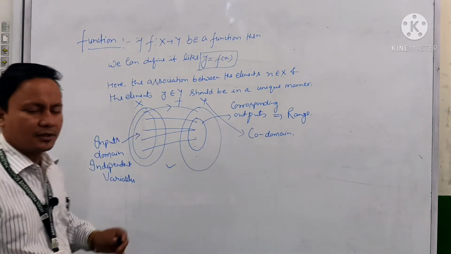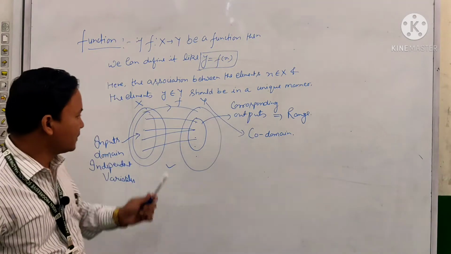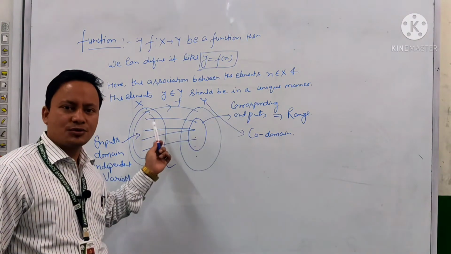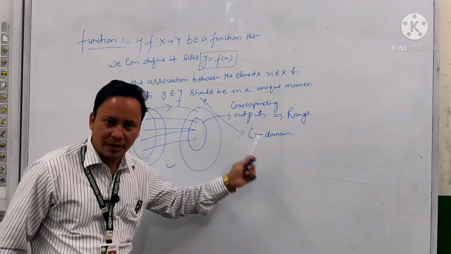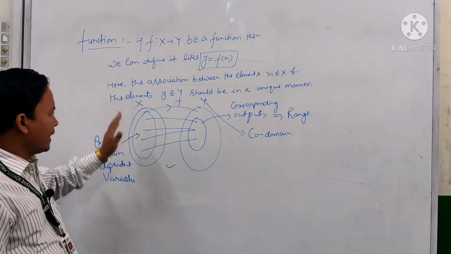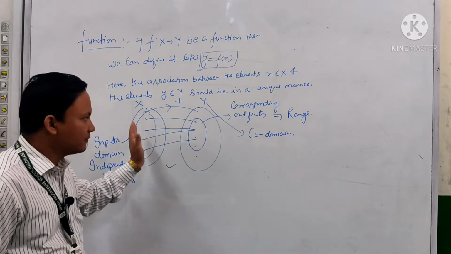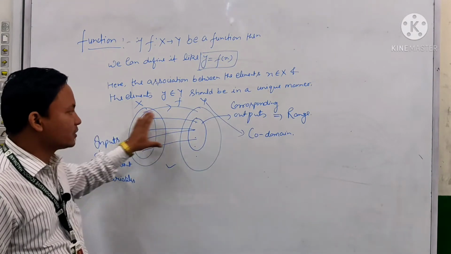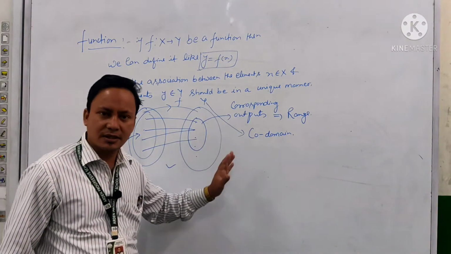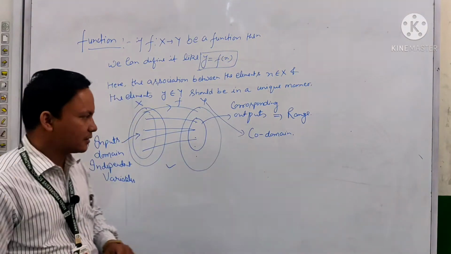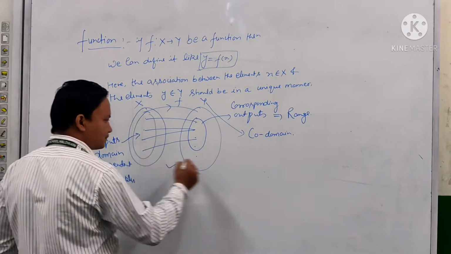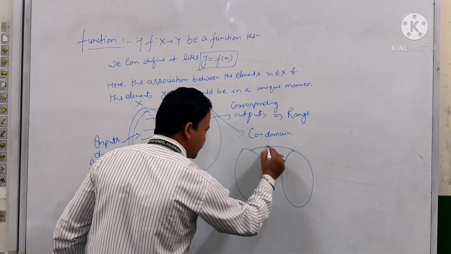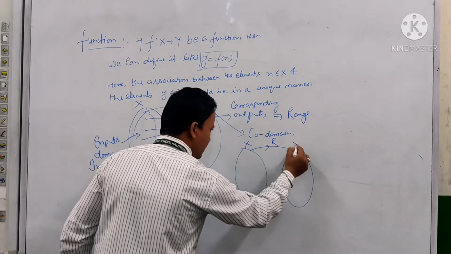So now there are some things which we have cleared. Firstly, what is a function? A function is an association between the elements of set x and set y, and the association should be in a unique manner. It means that no element of set x has more than one image in set y. If any element has more than one image, then it is not a function, it is said to be a relation. So suppose there is a relation from set x to y.